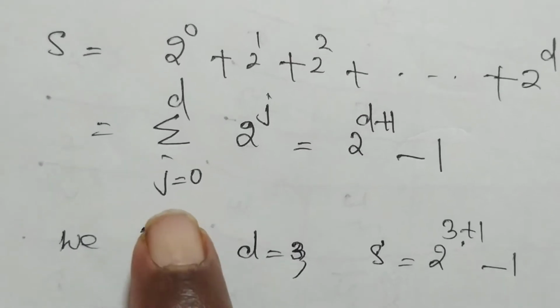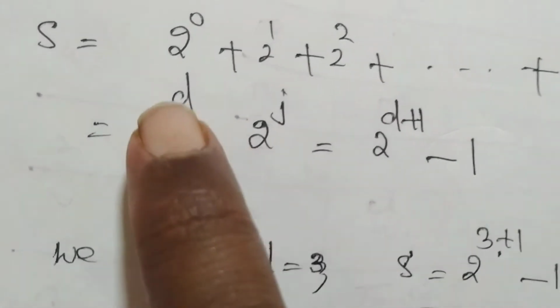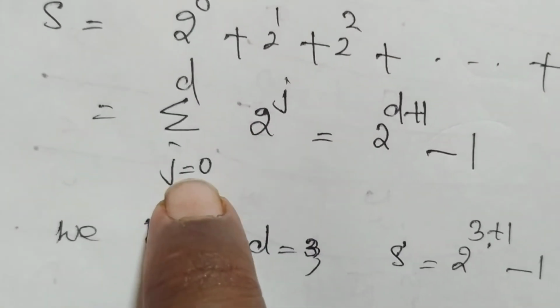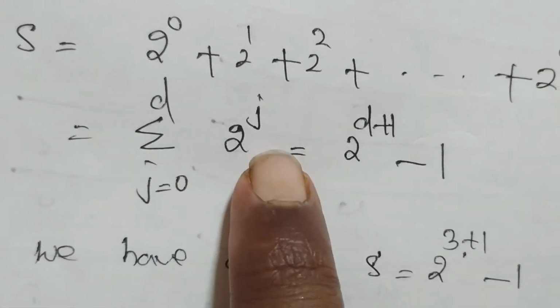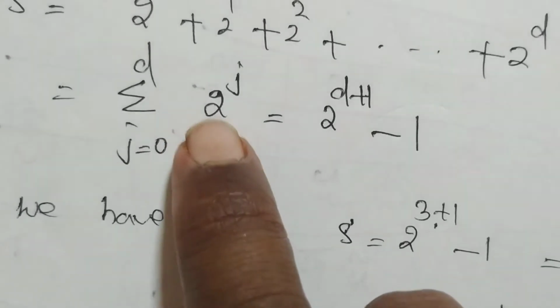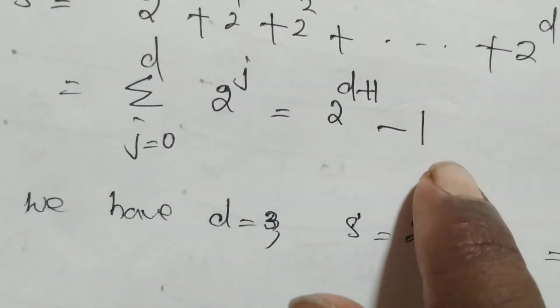We can use this formula: summation of j equals 0 to d, where the minimum value of j is 0 and the maximum value is d, the depth, of 2 to the power j. And in mathematics we know this sum is 2 to the power d plus 1 minus 1.